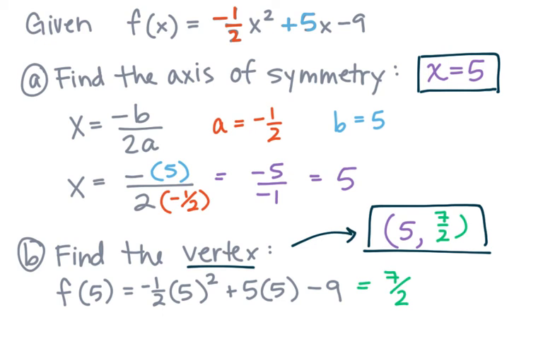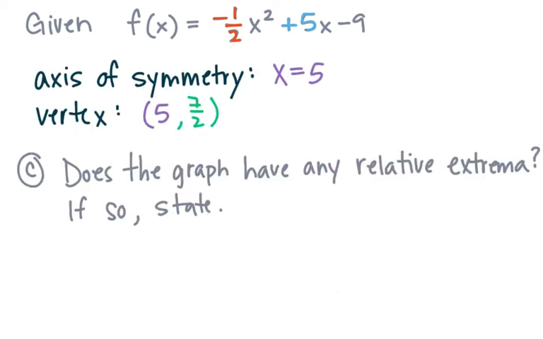So we know the axis of symmetry and we know the vertex. Let's take this information and extend it back to talking about relative extrema. Does the graph of this function f of x have any relative extrema? And if so, we're going to state that extreme value. Let's think about what we know about quadratic functions.